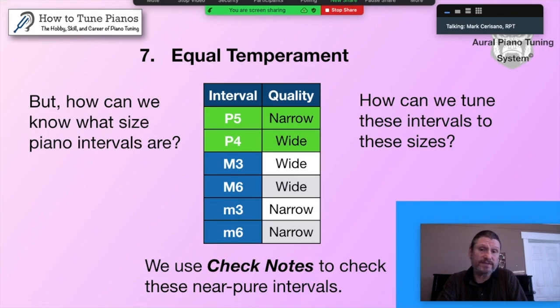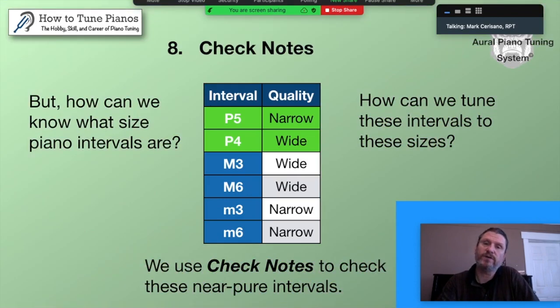But these ones are near pure intervals. There's hardly any beating in them, and it's very hard to tell if they're wide or narrow just by listening. We have to use check notes to determine if these near pure intervals are wide or narrow. Brings us to the next section, check notes.